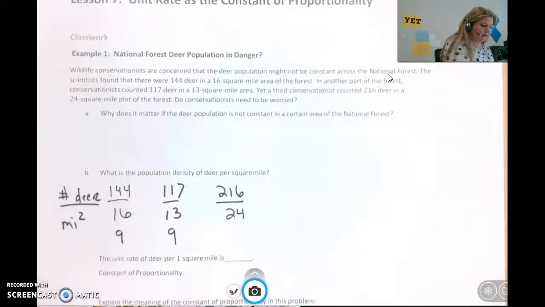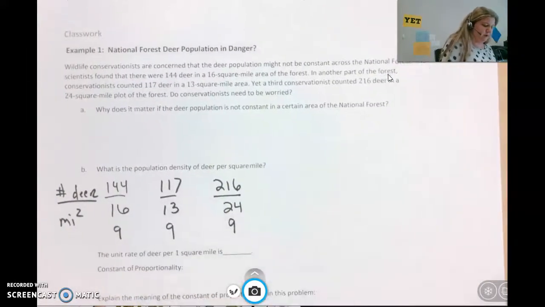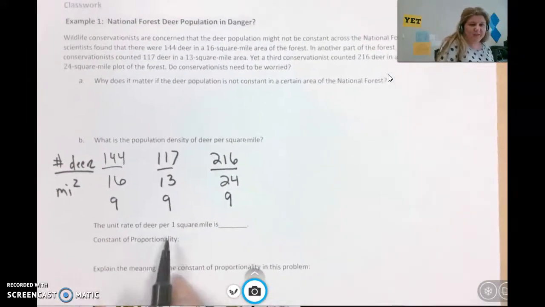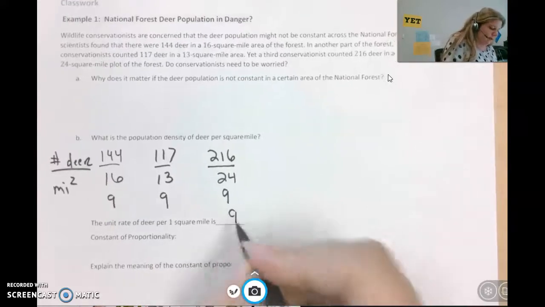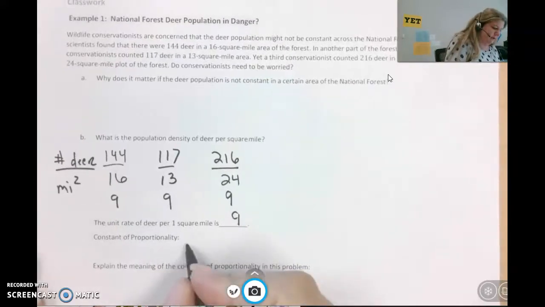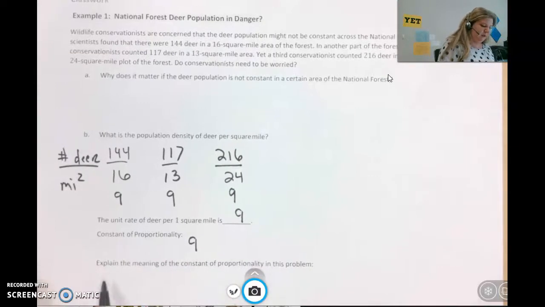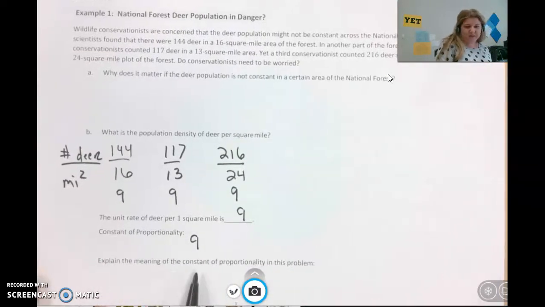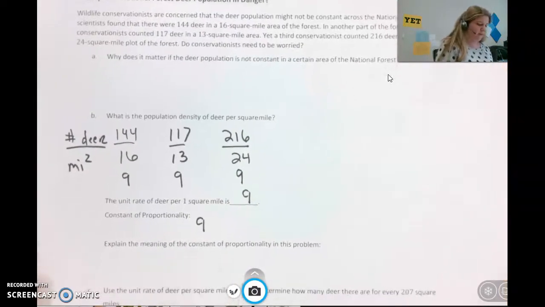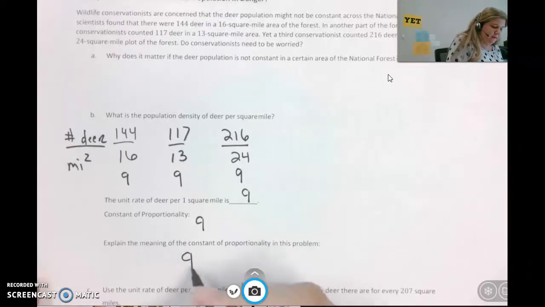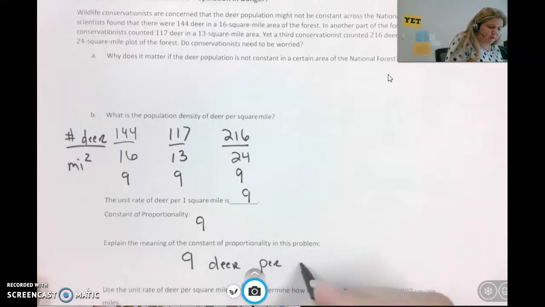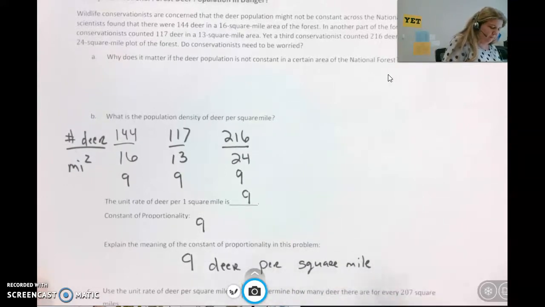In the third area, there's also 9 deer per square mile. So the unit rate of deer per square mile is 9. The constant of proportionality is 9. The meaning of the constant of proportionality in this problem, the 9, is 9 deer per square mile.